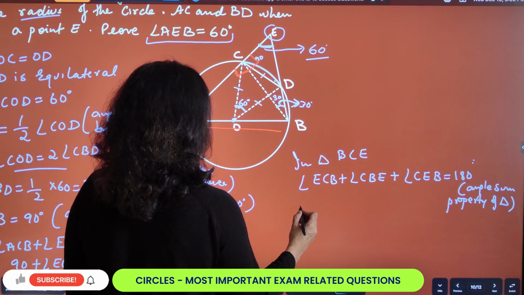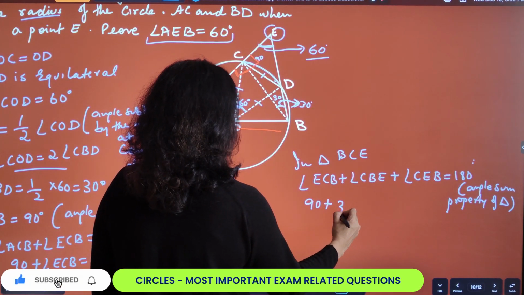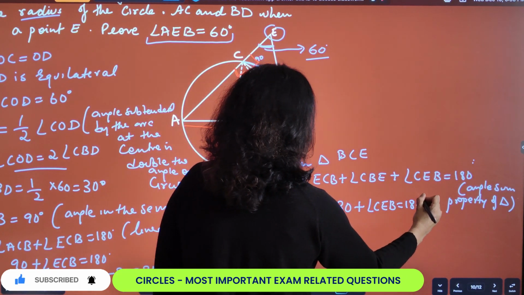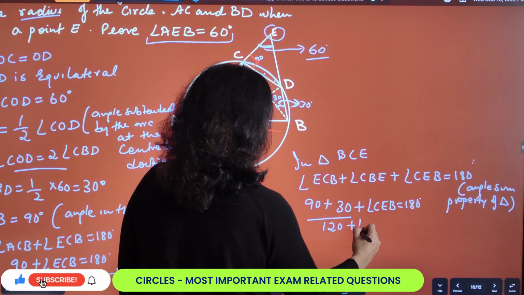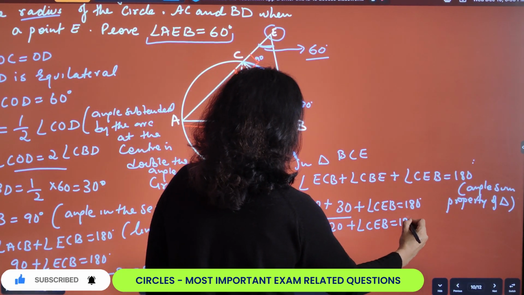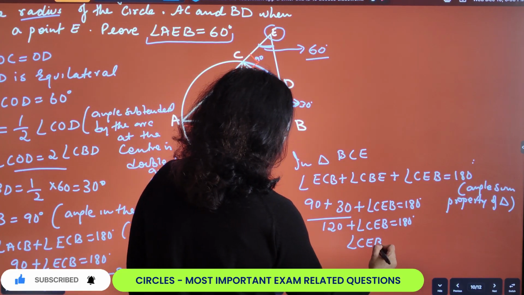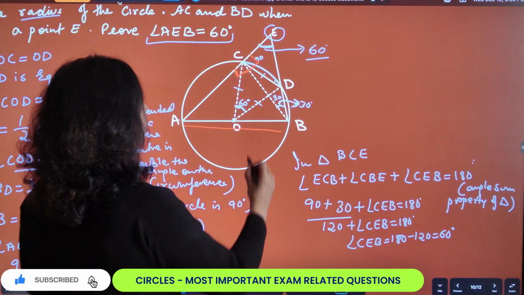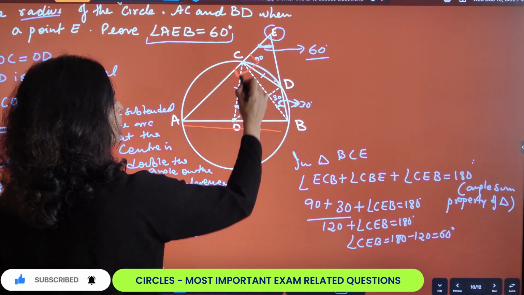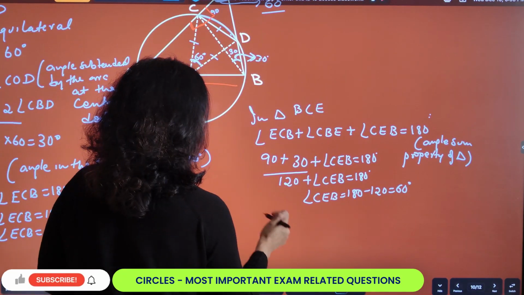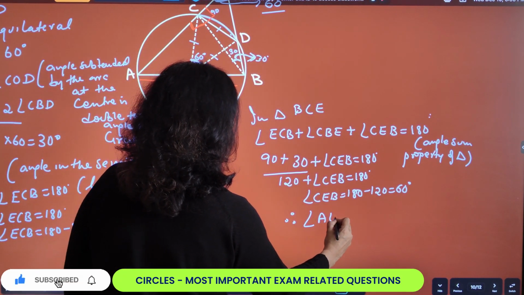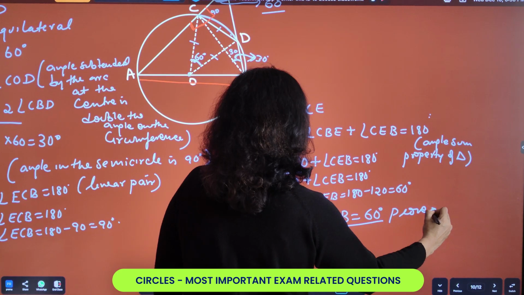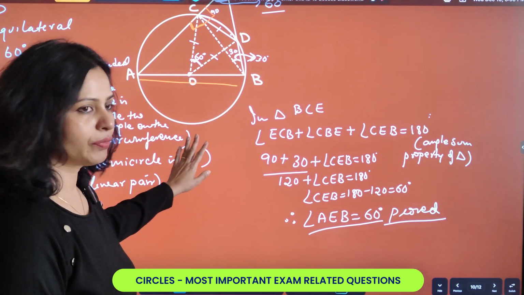Okay, so here ECB we got 90, CBE we have 30, plus angle CEB we need to find. Here we get 120, so angle CEB will be equal to 180 minus 120, that is 60 degrees. Okay, now CEB we can also write as AEB because it is the angle at E only, right? So here, therefore angle AEB is equal to 60 degrees. Okay, this is how we showed it to be 60 degrees, right?